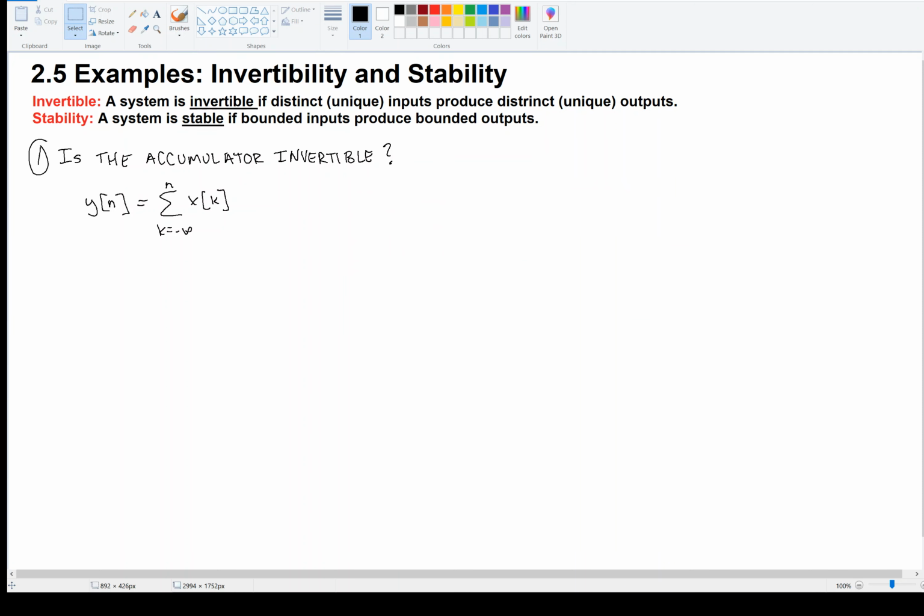We're going to use the same strategy as just now, where we considered previous inputs and outputs. So y of n-1 is the sum, k goes from -infinity to n-1, of x of k.